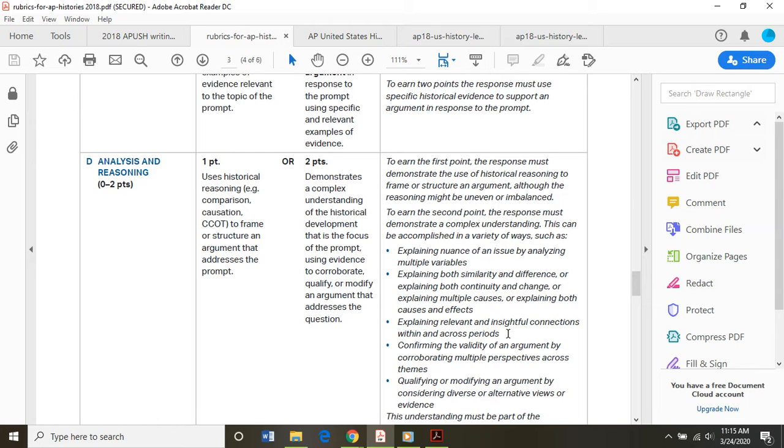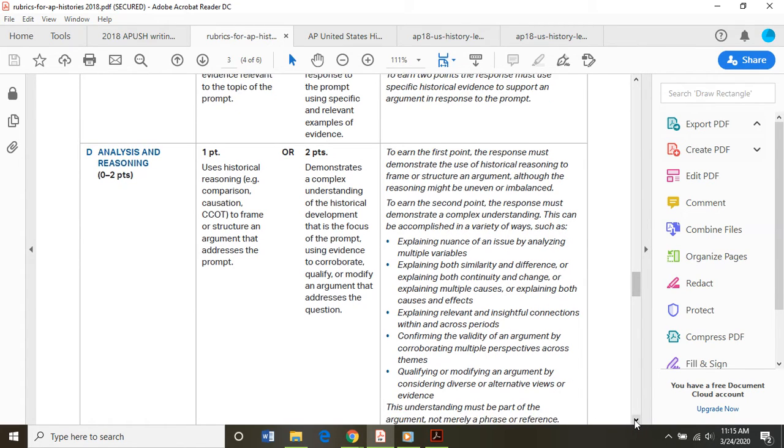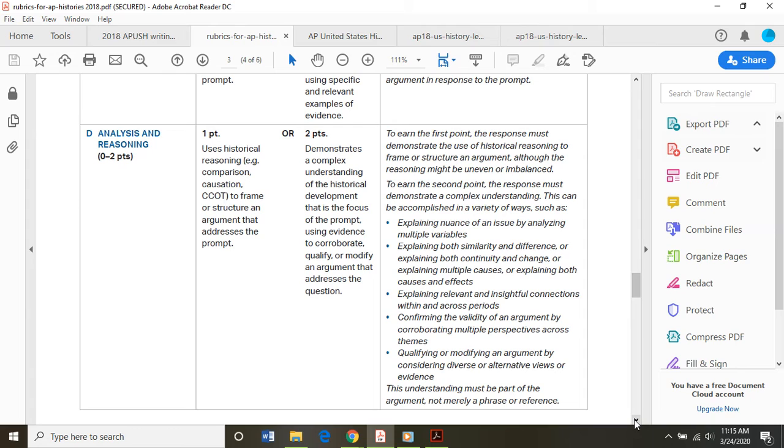It was a standalone point, but it's very difficult to do because sometimes kids just throw in a very basic comparison and then leave it at that. So, for instance, if you said the causes of World War One are very similar to the causes of World War II and how America got into that, but you just left it at that and didn't explain it, you're not going to get the point.